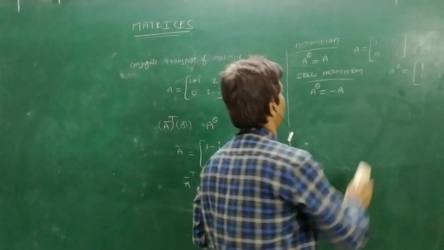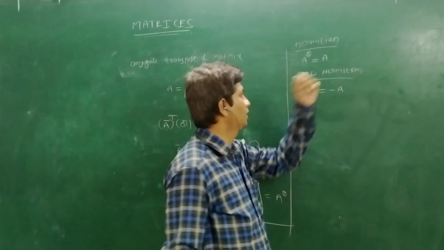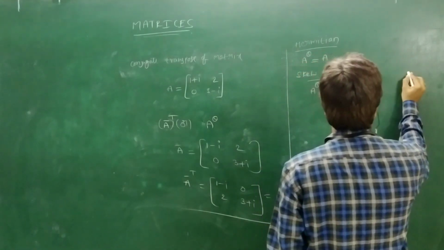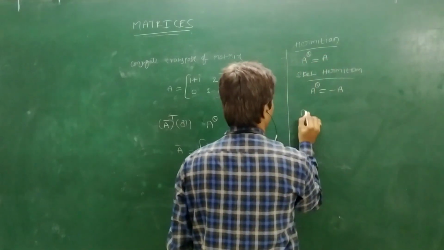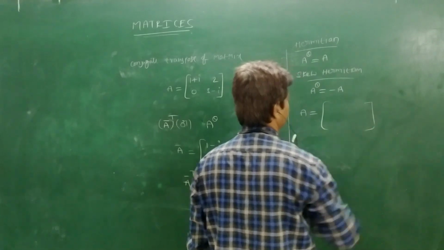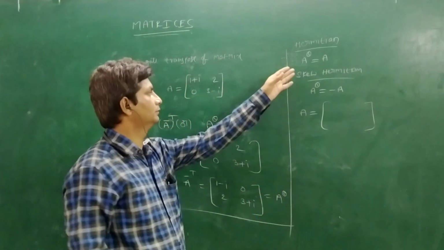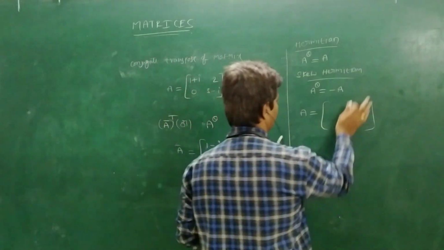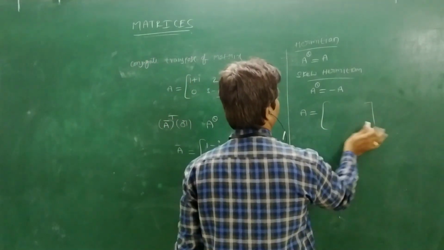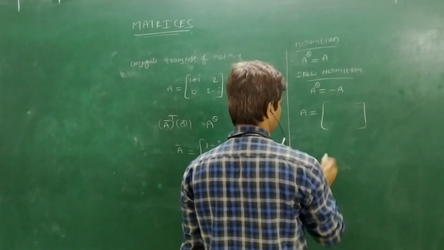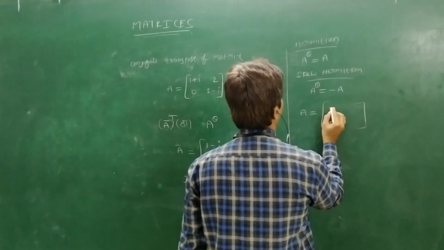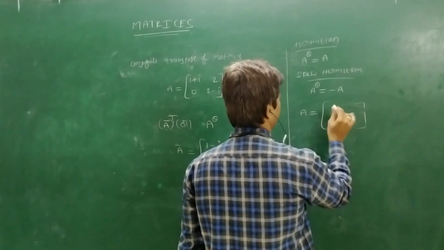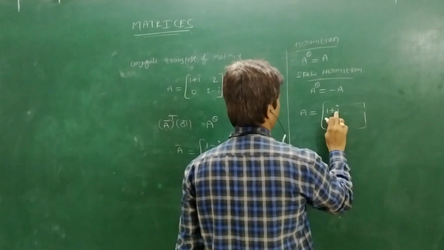This is the simple example of Hermitian matrix. Next, we will take another example of Hermitian matrix. Now I am going to try to take an example of Hermitian matrix. Right. For example, this is 2, 1, 1 plus i.